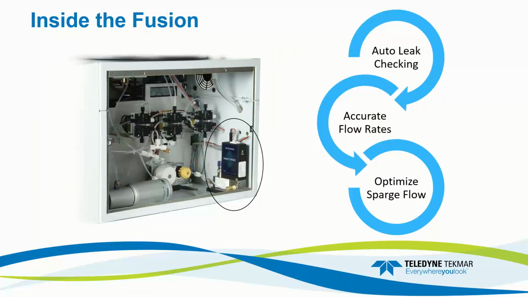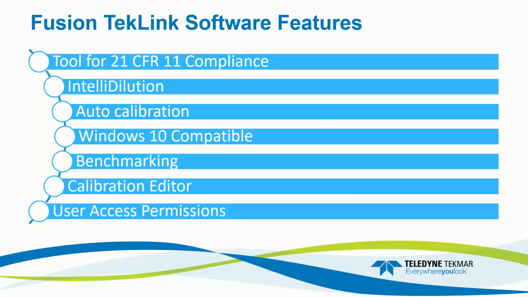We also have different features in the system: auto leak checking, accurate flow rates, and optimizing sparge flows for methodologies. If you're interested in that type of talk, we'd be happy to reach out and address any questions you might have on that topic. For some laboratories it may not matter, but for some it does.